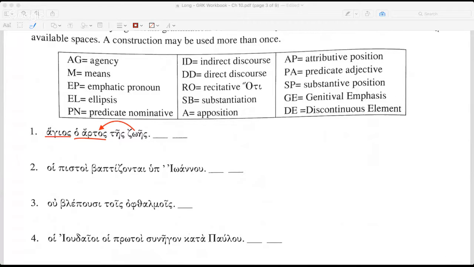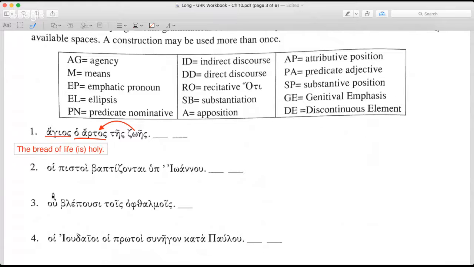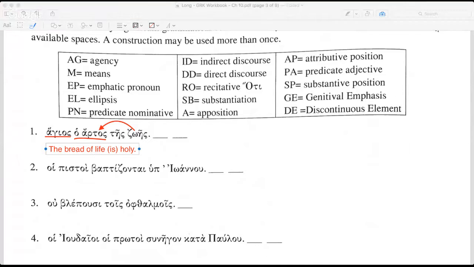Okay, so how are we going to translate something like this? Is it ellipsis, you know what I mean? Indeed. And so something like this, maybe? Now, is that how we translate predicate nominatives?